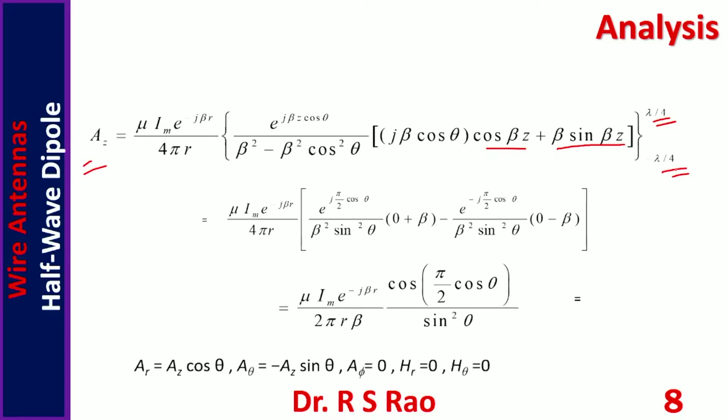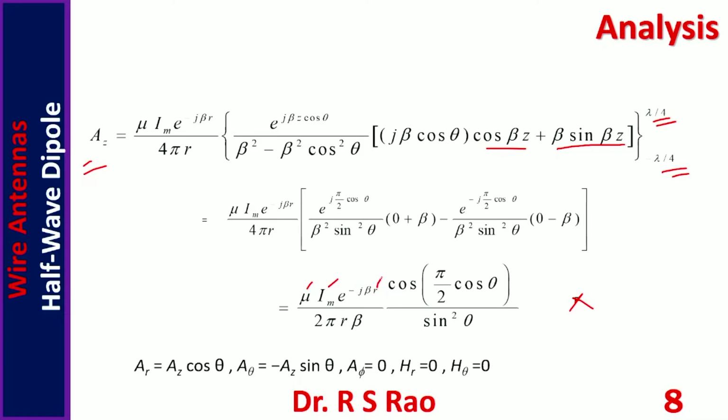Now these limits are required to be substituted. It results in Az being equal to mu Im e power minus j beta r over 2 pi r beta, cos of pi by 2 cos theta over sin square theta. We all know mu is permeability of the medium, Im is current at the center of the dipole, r is radial distance.